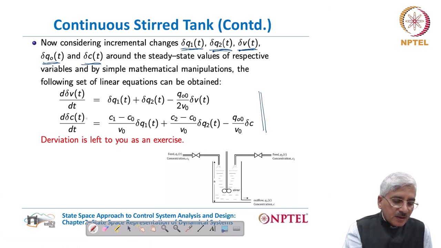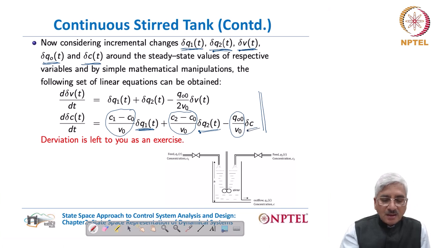The rate of change of incremental concentration will be C1 minus C0 divided by V0 into the incremental change in Q1, the feed flow 1. Similarly, another multiplier into the incremental change in feed flow 2, minus QO 0 divided by V0 into delta C, the incremental change in concentration.